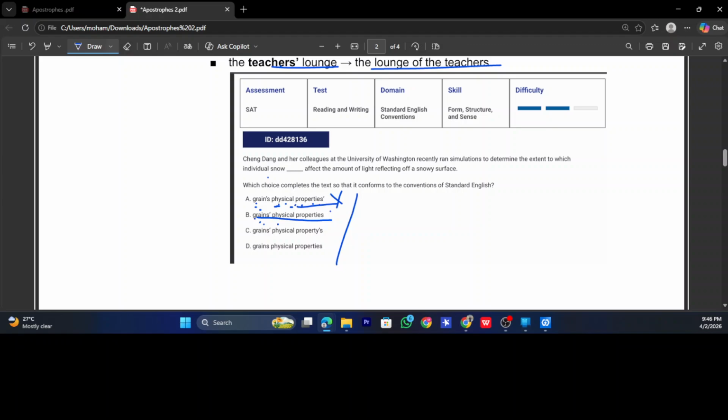C is also incorrect because the context requires a plural noun, but here it is a singular possessive.